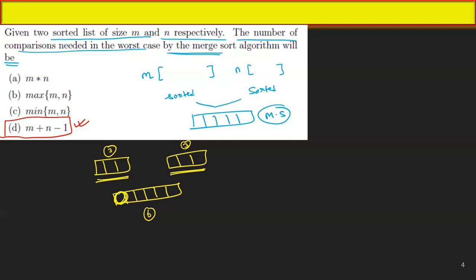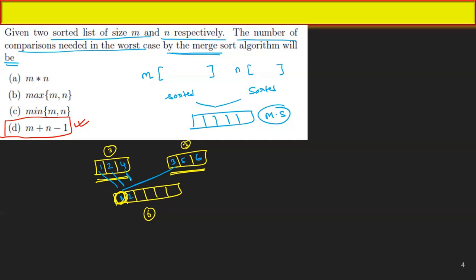Okay, so what you will do now? For this position, these two persons will compete for the first position, right? Suppose this person wins. Say for example, this is 1 2 4, this is 3 5 6. So one wins. Now you will be moving to 2, but here you will be in 3, so 2 wins.